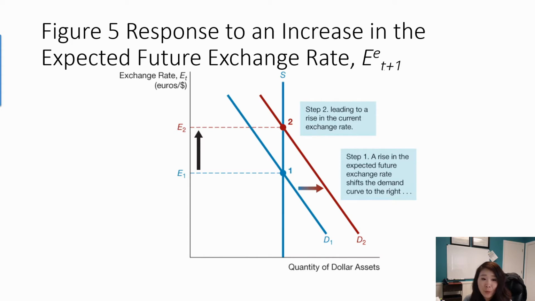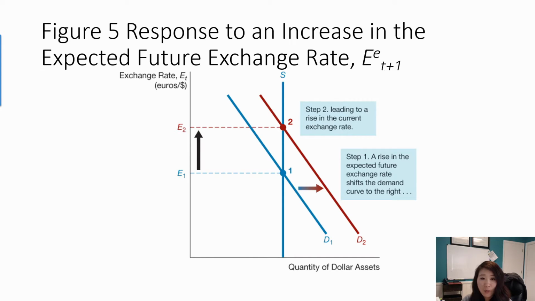So when you expect the future exchange rate to go up, the demand for the domestic dollar asset will go up as well. That's why you're going to see the demand curve shift from D1 to D2 on this chart. Accordingly, the exchange rate will go up from E1 to E2.